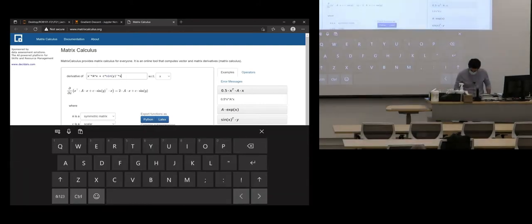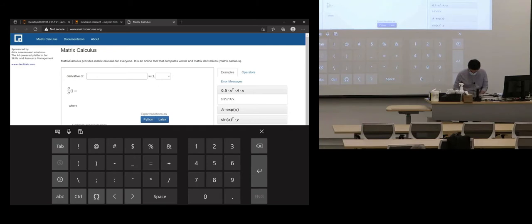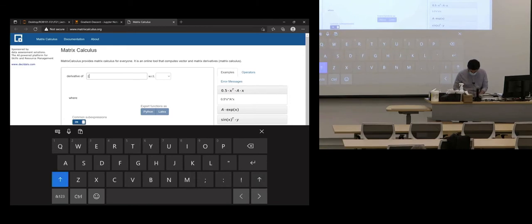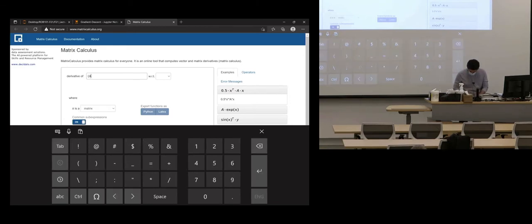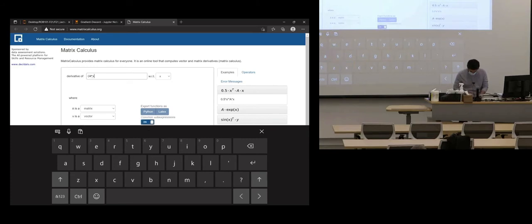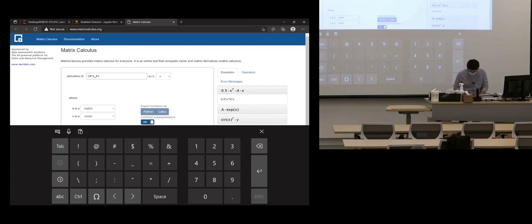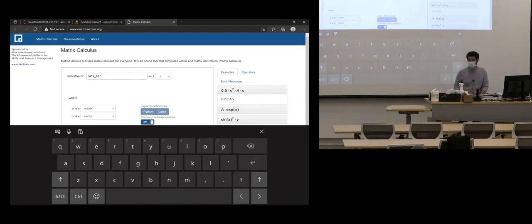For example, I'm going to type here A times x. Or your alternative is to find a friend who's good at math. Be nice to that friend for a while, then at some point ask, can you calculate this derivative for me?